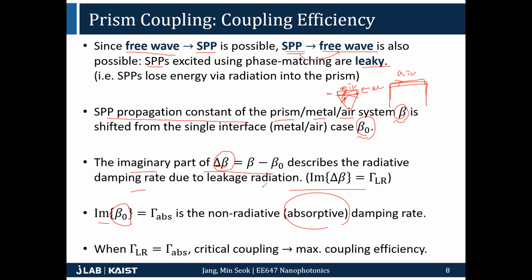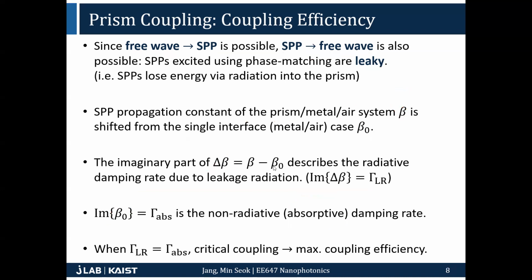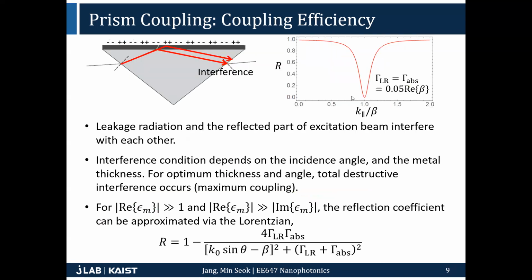Okay, and when the radiative and non-radiative decay rates are equal, we get critical coupling, and we get the maximum coupling efficiency. So let me explain this in a little more hand-wavy way. It will become a little more obvious if you look at this.